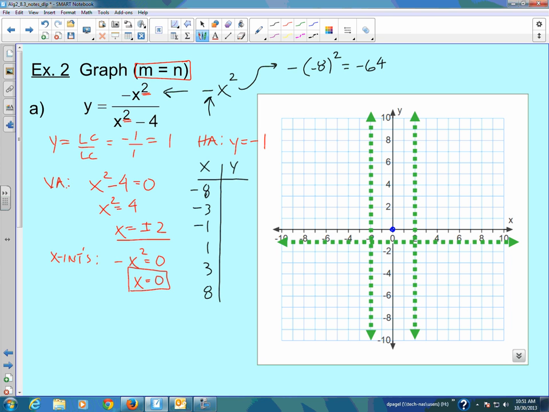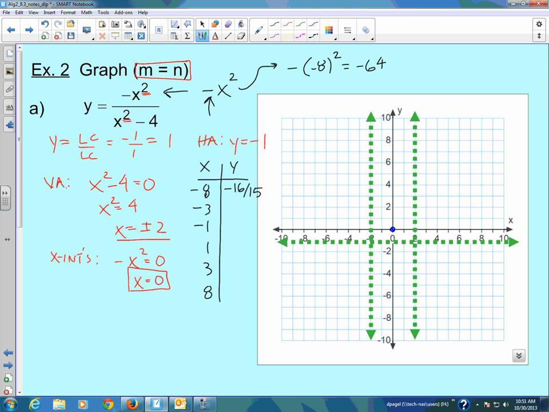If I wanted it to be squared, I would have included that in a parenthesis. So on the top, I get -64. On the bottom, I get 64 minus 4, or 60. So I have -64 over 60, and that reduces to -16 over 15. Just -1 point something there.